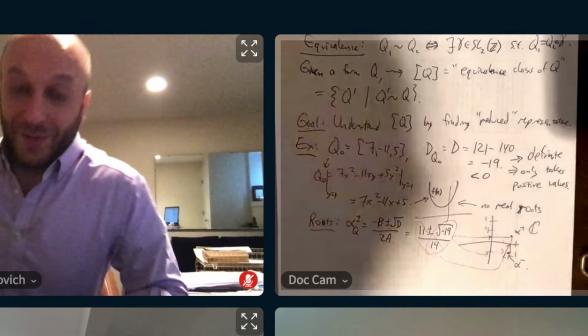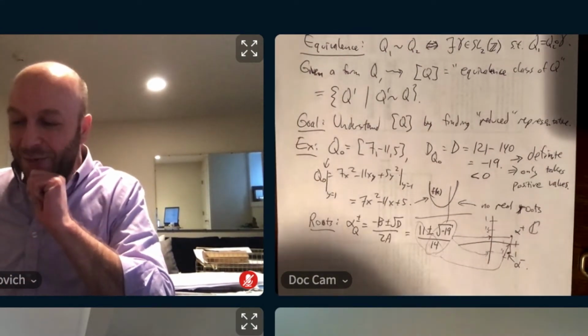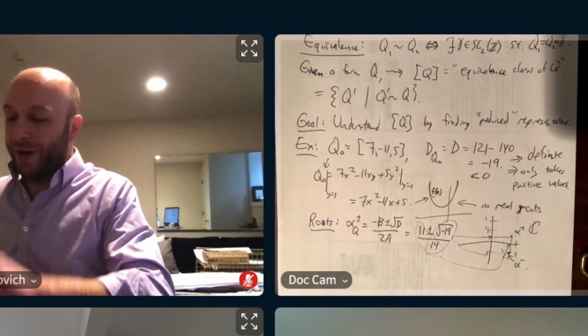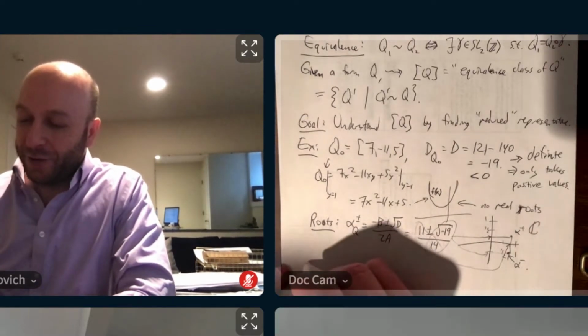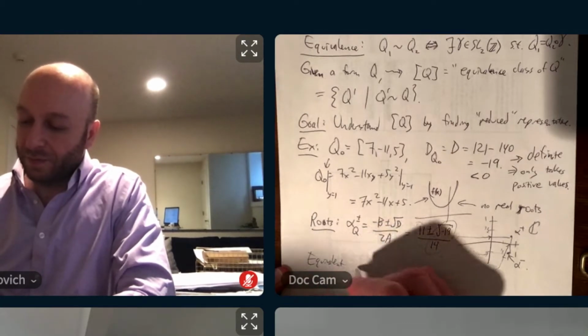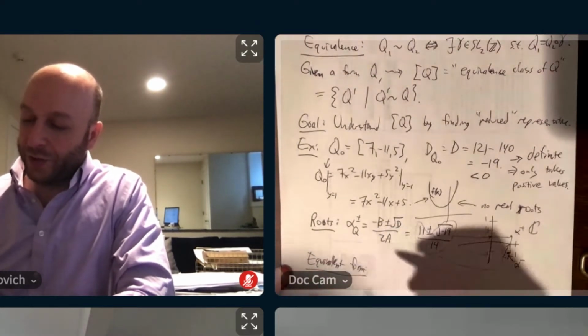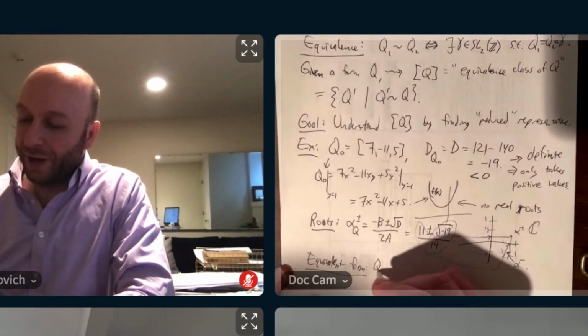Okay, now we found equivalent quadratic forms. Let's see what happens when you find an equivalent quadratic form. For example, we took Q0, let's call this Q1.